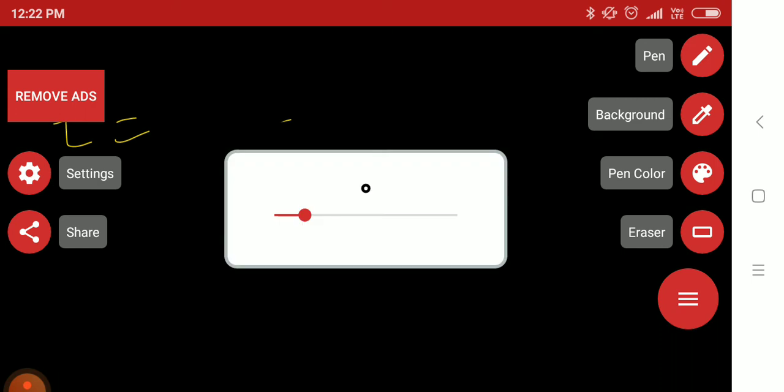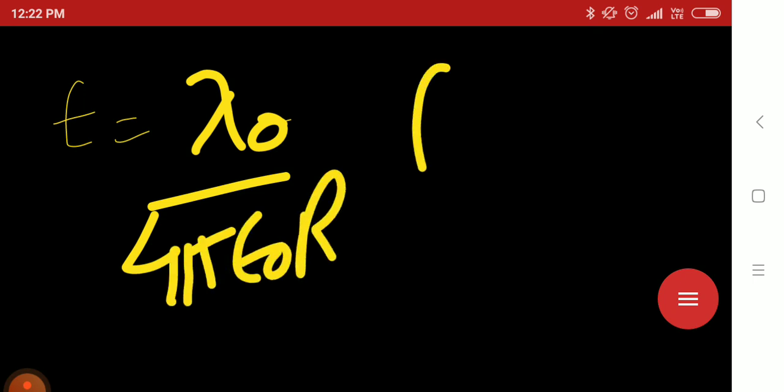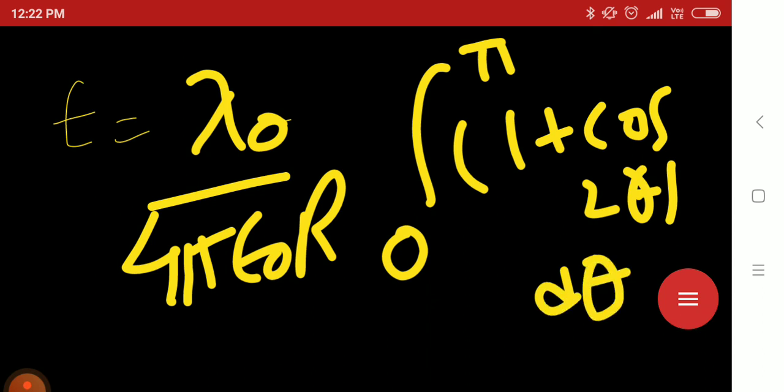So E equals lambda 0 by 4 pi epsilon naught r, integration from 0 to pi of (1 plus cos 2 theta) d theta. Yeah, this is the integration. This is the electric field.